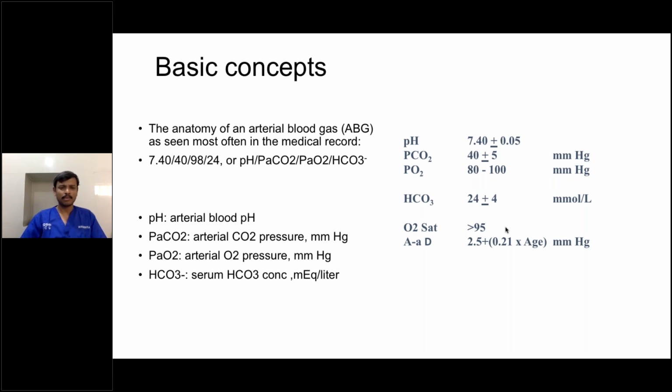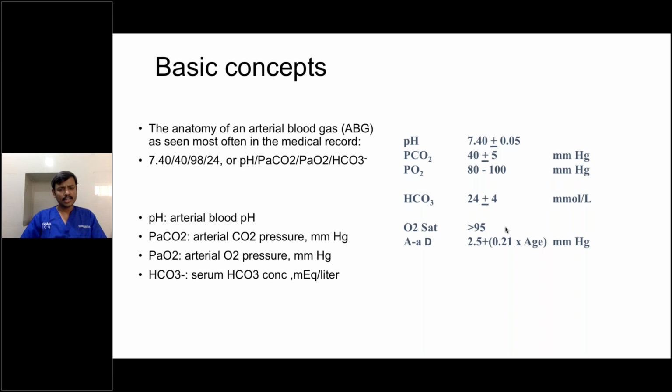Usually people will write in this manner. The first one, 7.40, is the pH, usually arterial blood pH. The second one is PaCO2, arterial carbon dioxide pressure in millimeters of mercury. The third one is PaO2, arterial oxygen pressure in millimeters of mercury. And bicarbonate is the fourth one, in a concentration of milliequivalents per liter.